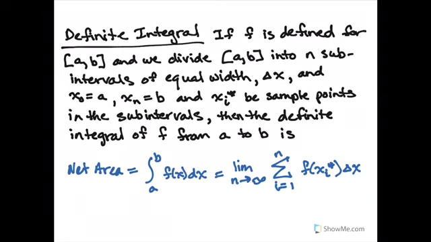Okay, so what all of this gets us to is called a definite integral. Now, we were doing integrals when we did our antiderivatives, right? So we recognize this symbol already. That's the integral symbol, but now I have lower and upper limits on it.